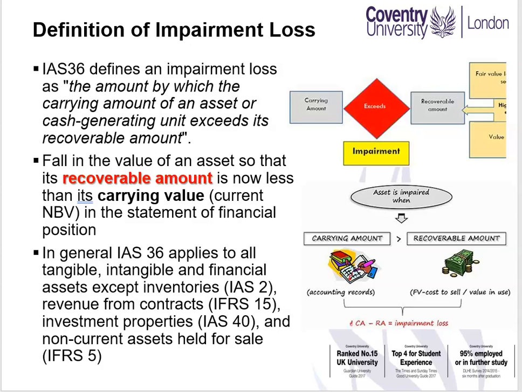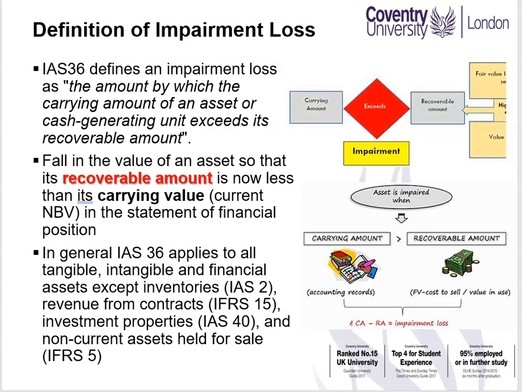So that means we need to know what is recoverable amount, what is carrying amount. So impairment loss, therefore, is a fall in value of an asset so that its recoverable amount is now less than its carrying value. Carrying value is usually the net book value in the statement of financial position.